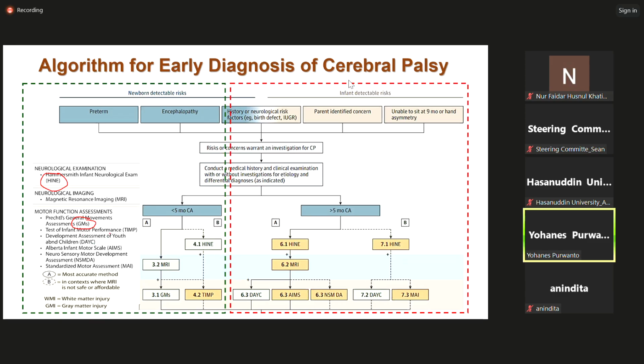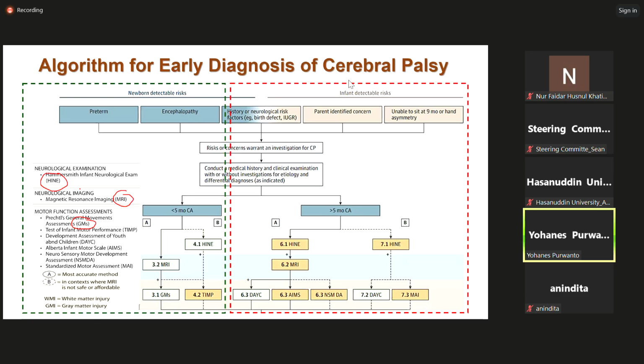And the other motor function assessments here are like TIMP, the Test of Infant Motor Performance, or the Alberta Infant Motor Scale. And of course, we need neurological imaging like MRI.